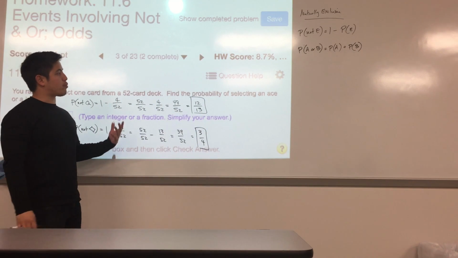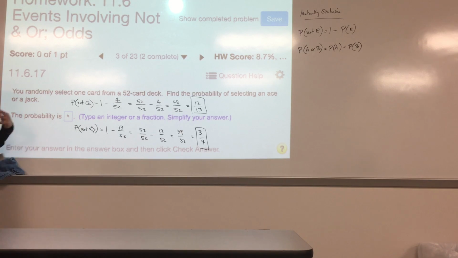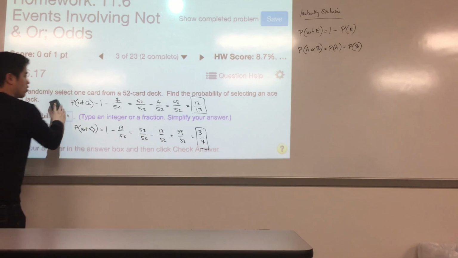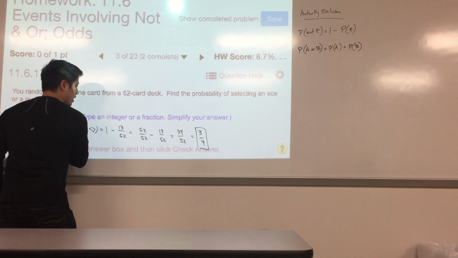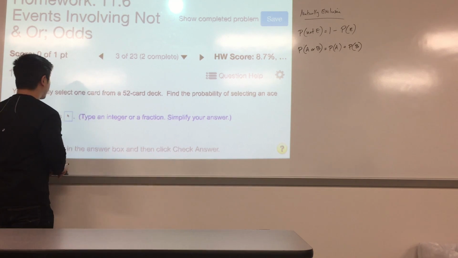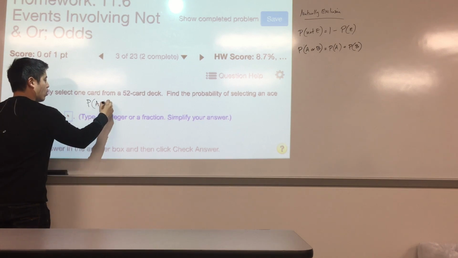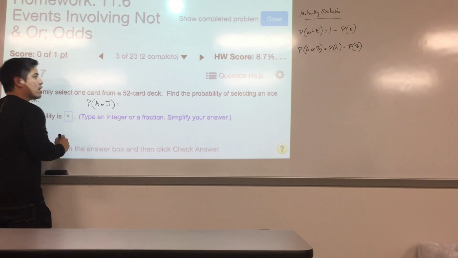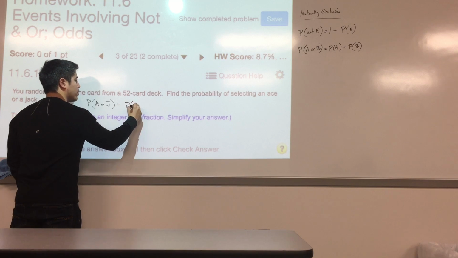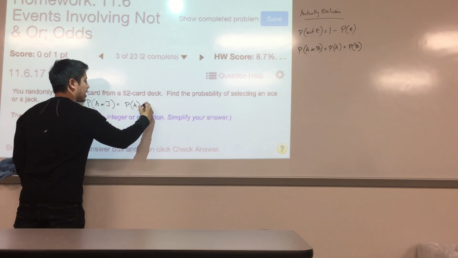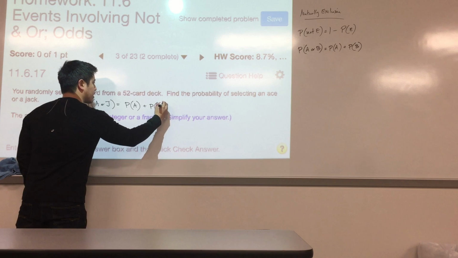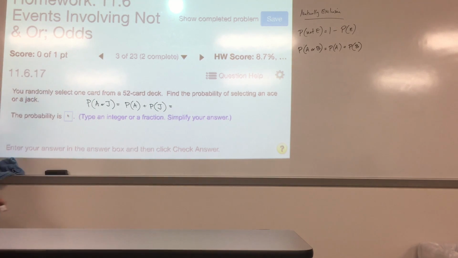So if I want the probability of getting an ace or a jack, let's erase this because we don't care about the not one anymore. I would first find the probability of getting an ace, and then add that to the probability of getting a jack. Does that make sense, everybody?